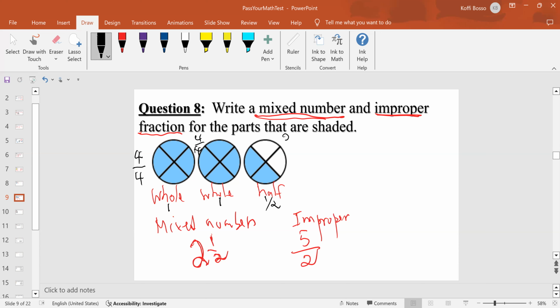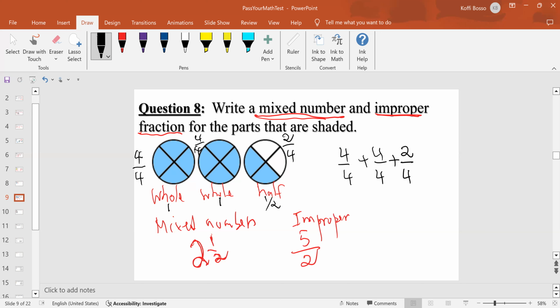And here you have a 2 over 4. So you have 4 over 4 plus 4 over 4. 4 over 4 means what? They divide each whole here in 4 parts, and they shade all the 4 parts. But the last one they divide in 4 parts, and shade 2.